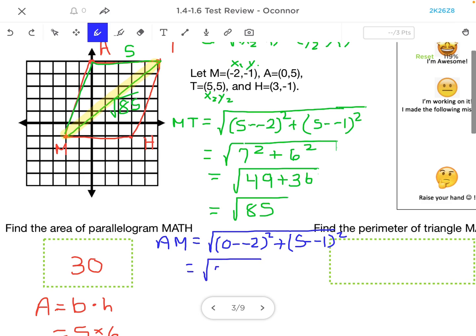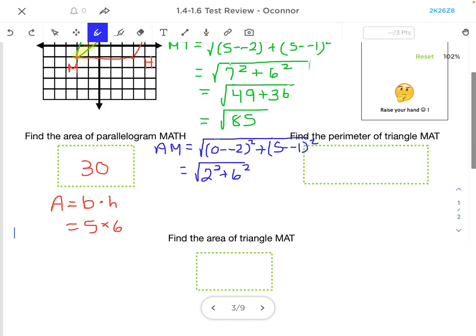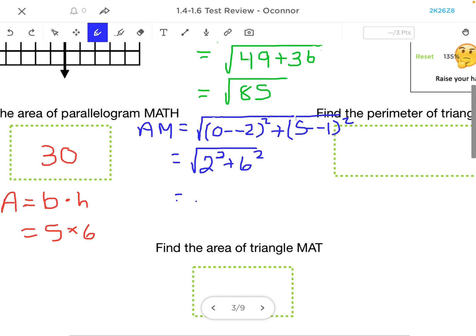So that's going to give me 0 minus -2 is 2 squared. 5 minus -1 will be 6 squared. So I have the square root of 2 squared is 4, and 6 squared is 36, which is the square root of 40.